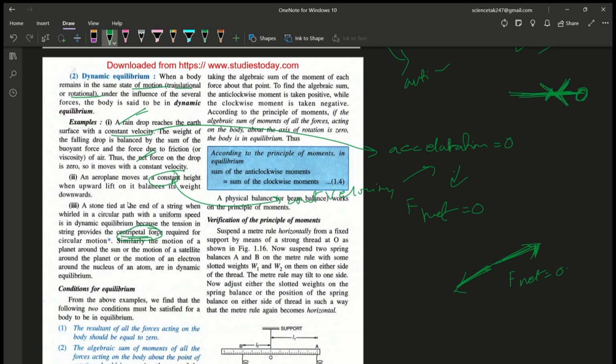Similarly, the motion of a planet around the sun. Now, centripetal force in the case of your whirling stone is going to be balanced by tension, whereas in case of planets it's going to be balanced by gravitational force, whereas when it comes to atoms, the movement of electrons about the nucleus is going to be balanced by which force? It's going to be by Coulomb's force, right? Which is an electrostatic force.